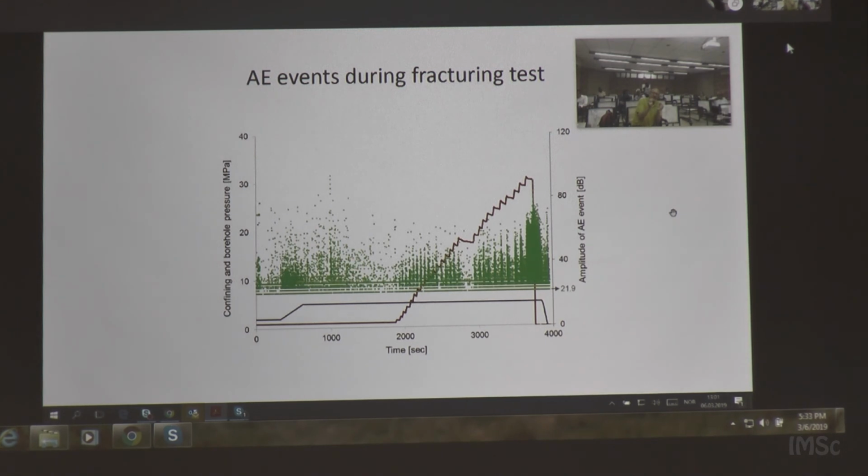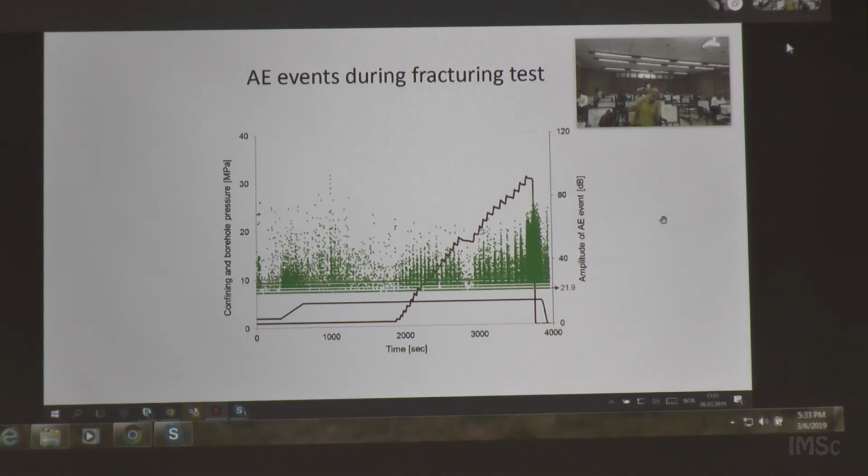Because the generation of the event when there is a fracture has a frequency distribution that I think is rather different from what you can do exciting with the transducers. And then the way the waves attenuate can be very different. So the kind of corrections that you are trying to include, I'm not sure they will be the correct ones. Do you understand what I mean? It's not the same to excite with a transducer than to produce a fracture.